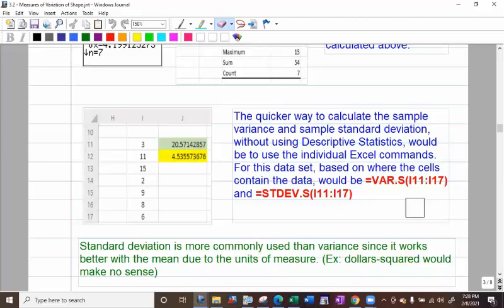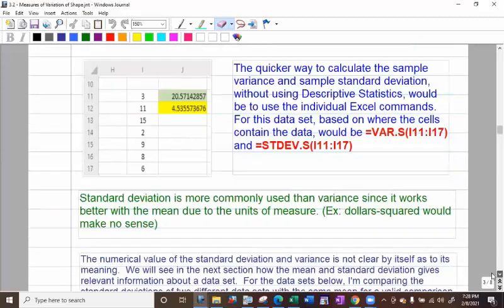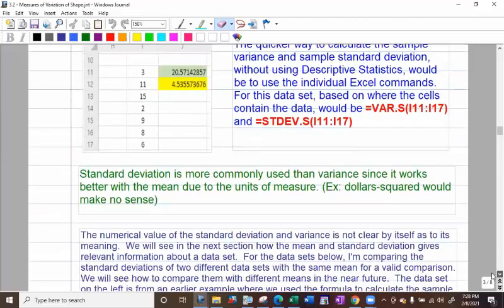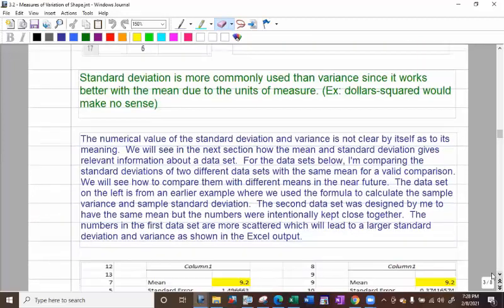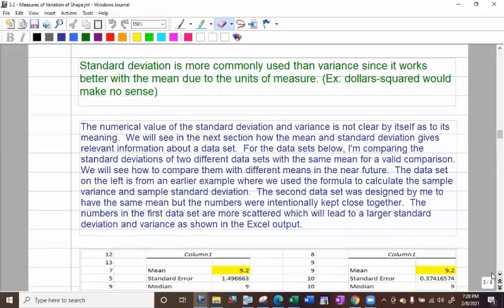And I'd mentioned earlier that standard deviation is usually more popularly used here. Because one thing about standard deviation and variance, by themselves, they don't really tell you all that much, the number itself. But when you pair it up with the mean to come up with information about data sets, that's when things start happening.